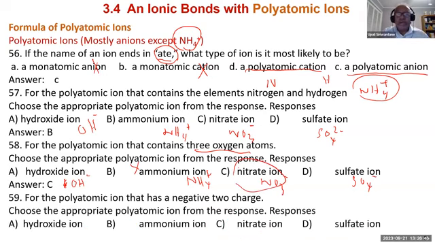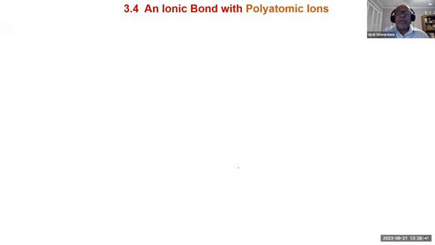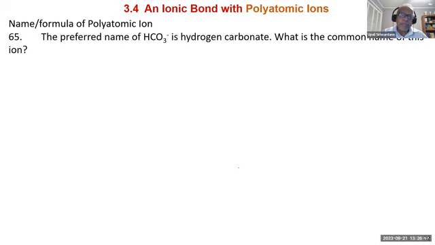Now we go on and talk about polyatomic ions. Let's look at some more examples of polyatomic ions. Hydrogen carbonate is this. The systematic name is hydrogen carbonate.